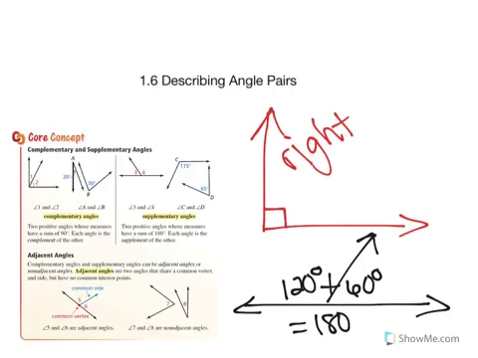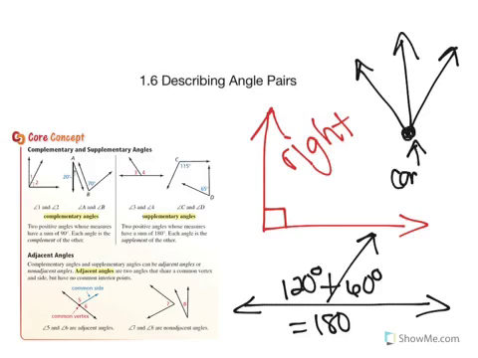Another angle pair are adjacent angles. So I like to think of those angles as right next to each other. Adjacent angles share a common vertex, and they also share a side.